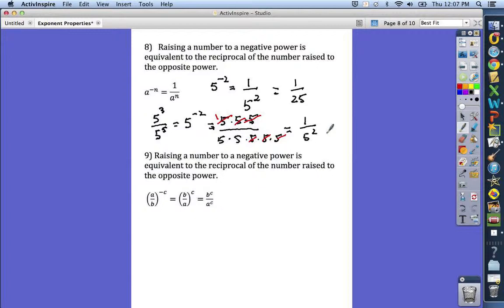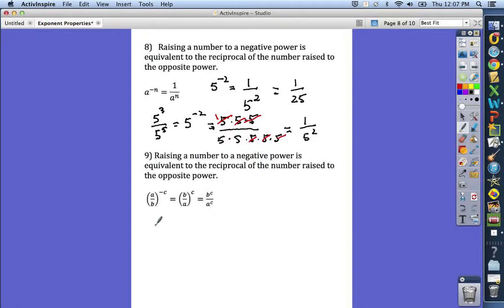In number 9, raising a number to a negative power is equivalent to the reciprocal of the number raised to the opposite power. So for example, if I had a over b to the negative c, that's equal to b over a to the c, which is b to the c over a to the c when we combine the last property as well.